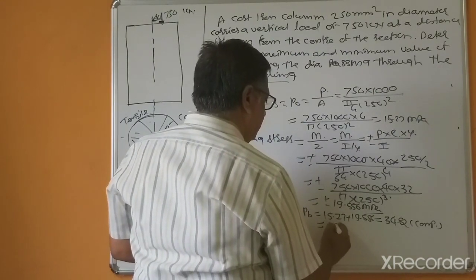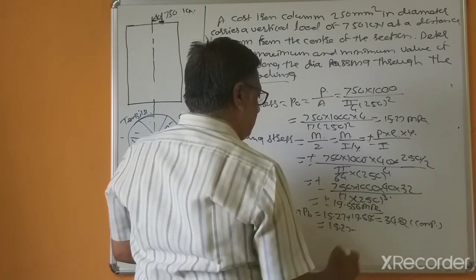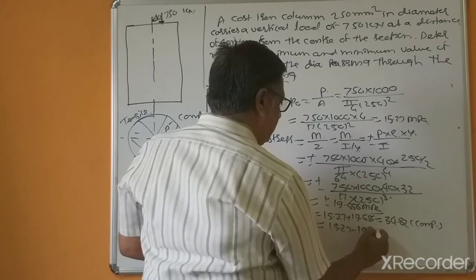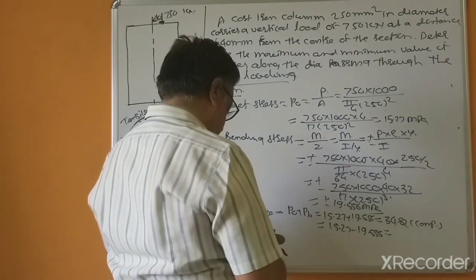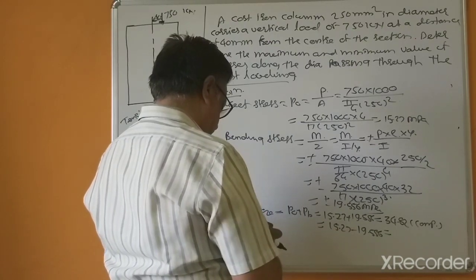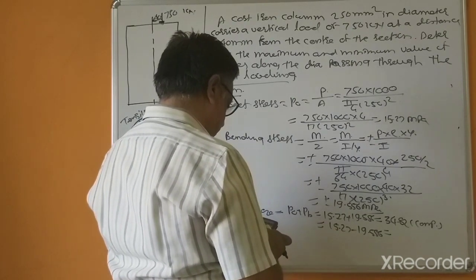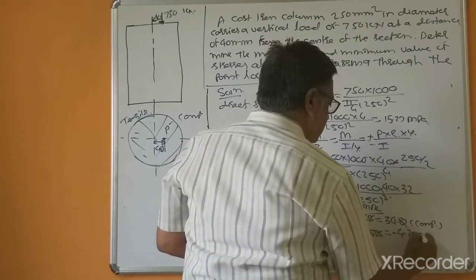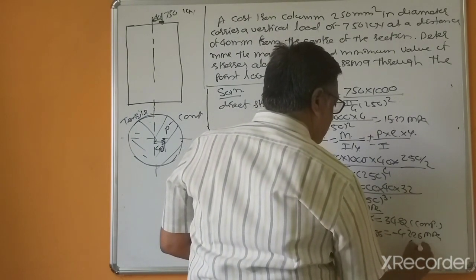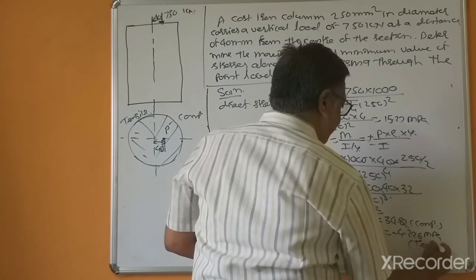And 15.27 minus 19.556 is equal to 4.286 megapascal, and this is tensile.